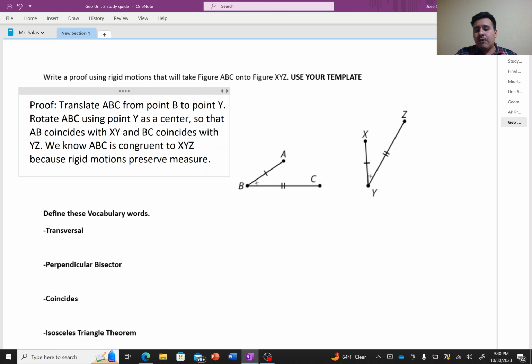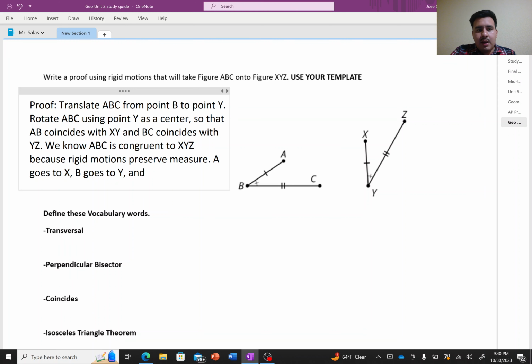All right, so now for our concluding statement, I can say A goes to B, I'm sorry, A goes to X, B goes to C, no, B goes to Y, my apologies.